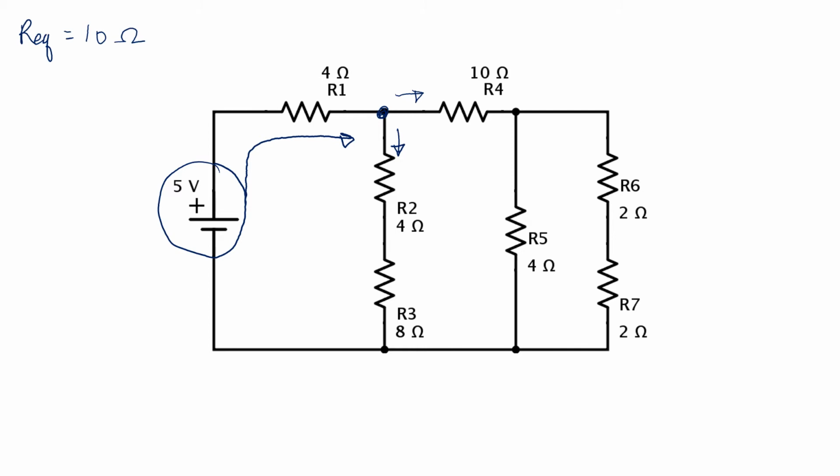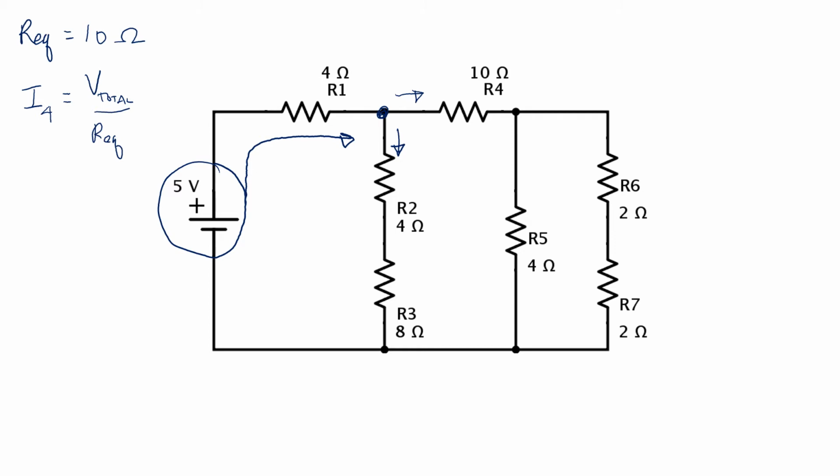And so the current through the 4 ohm resistor is equal to the potential difference of the total circuit divided by the equivalent resistance of the total circuit, because all of it goes through here.